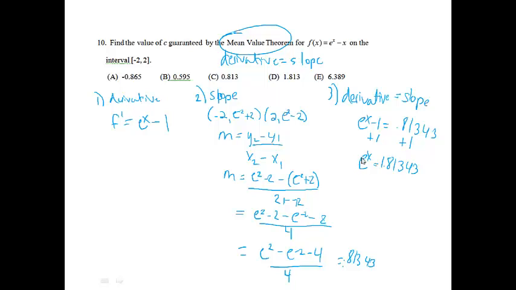Then to get rid of the e to the x, we'll take the natural log of both sides. So we'll get x ln e equals the natural log of 1.81343. ln e, of course, is 1, so we're just going to get x equals the natural log of 1.81343, which is 0.595. So I found that value, and it was 0.595.